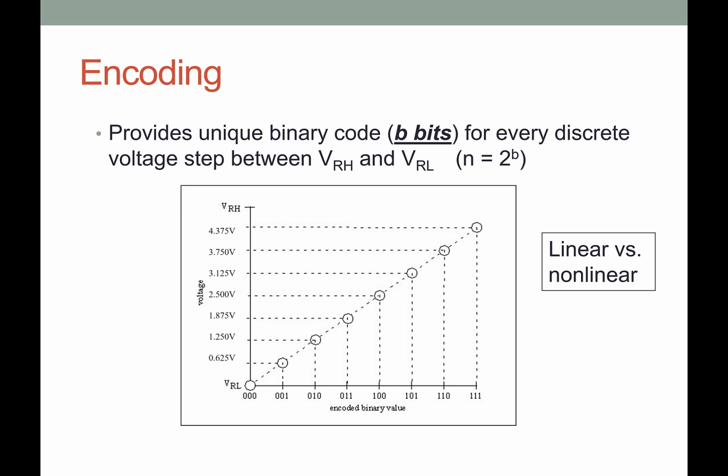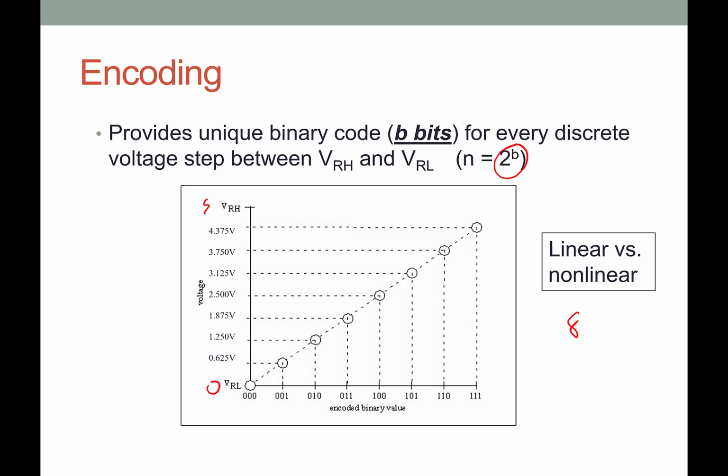So one of the things you need to talk about is the encoding process. This is showing the example if VRL was 0 and VRH is 5. Specifically, B in this case is 3. We're doing a 3-bit binary encoding, so that gives us 8, or 2 to the 3, different levels.